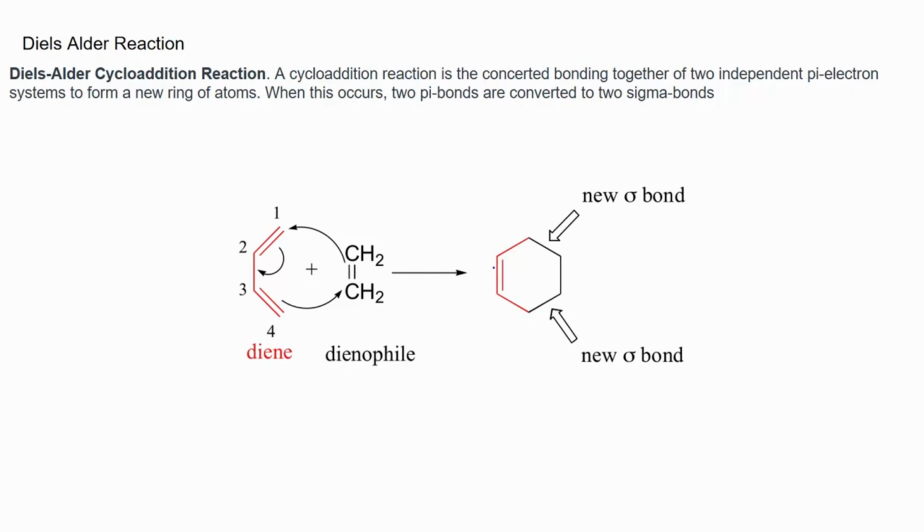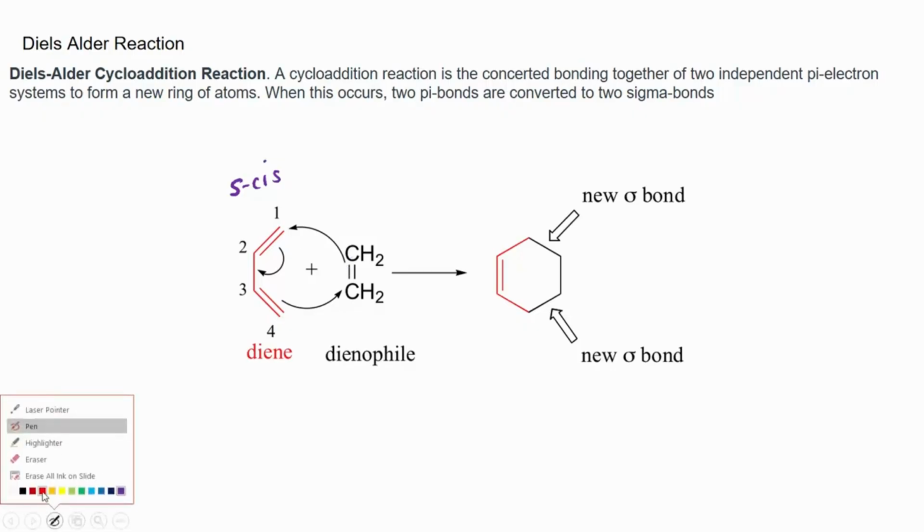This is a concerted reaction. It all happens at once. And your diene has to be in this S-cis configuration. You see how the dienes, or both of the pi bonds, are pointing out towards our dienophile. Now this other pi bond sees a pi bond it likes, because it is a dienophile, and it will make a new bond.